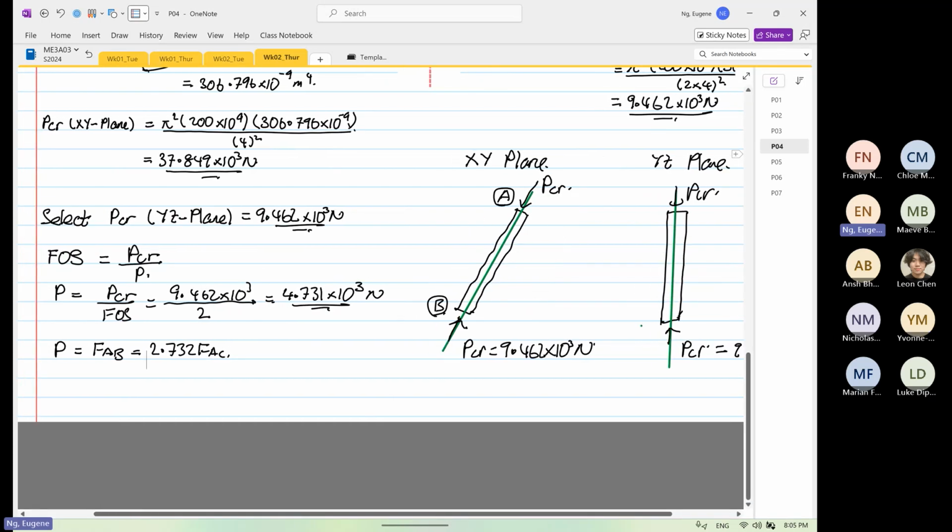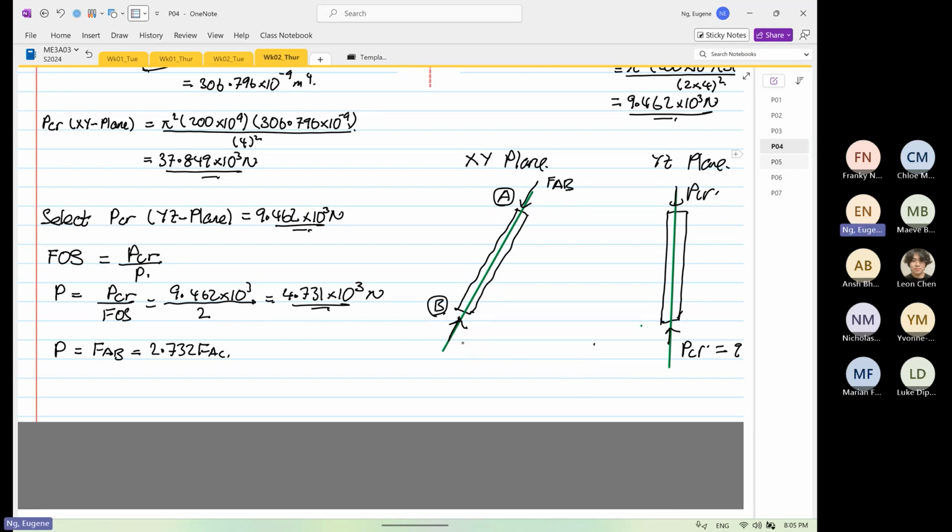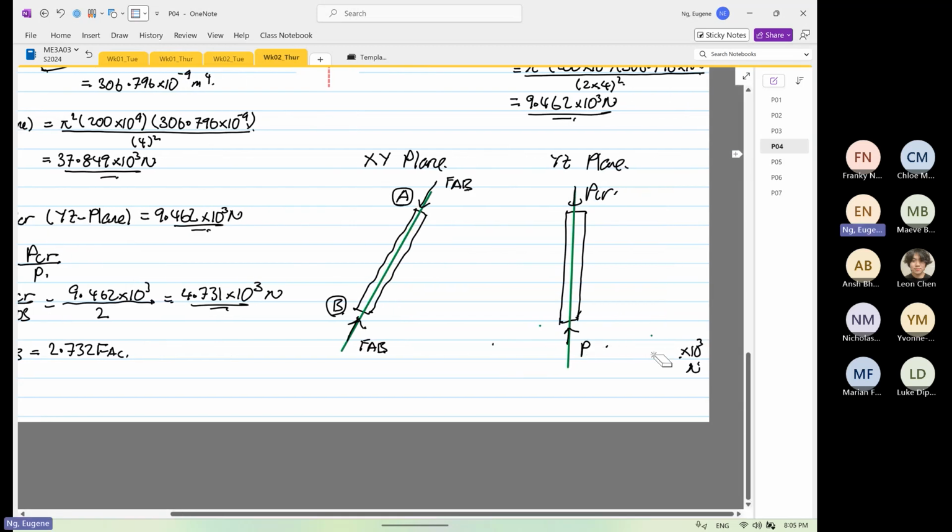So all this, the 9.462, once we have all this, these are all your FAB. So regardless of the plane you look at, the FAB is going to be the same. I forgot about the factor of safety, that's why the confusion.